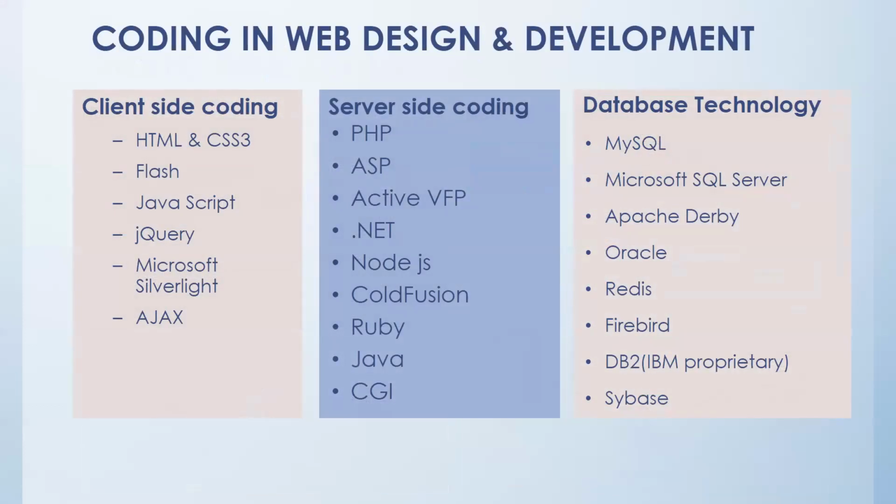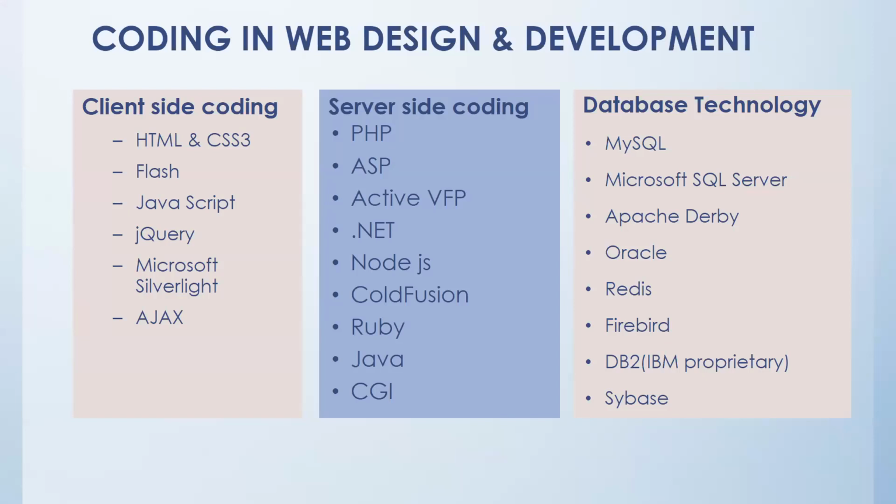So when coding in web designing and development, there are two types of coding systems: client side and server side. And also there is database technology. Client side coding means whoever logs in. Just say I am developing a web page and you are viewing it, then you are the client, right?